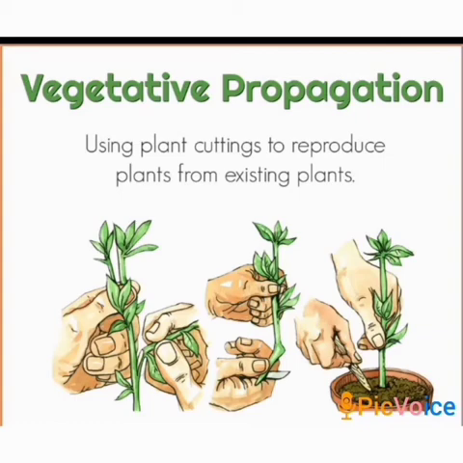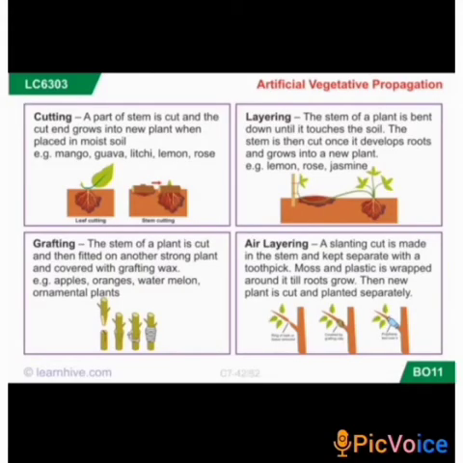And the last advantage is this method also makes possible the propagation of plants such as banana, orange, rose and jasmine that have lost the capacity to produce seeds. This property of vegetative propagation is used in methods like cutting, layering and grafting. So they are called artificial methods of vegetative propagation.